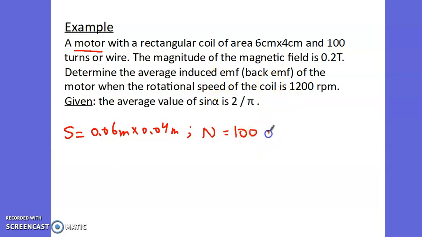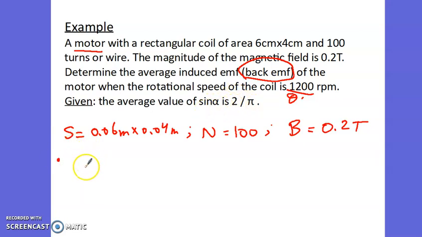The magnitude of the magnetic field is B equal 0.2 Tesla. Determine the average induced EMF. Here in the motor we call it back EMF because it acts against the EMF of the external generator, when the rotational speed theta prime is 1200 revolutions per minute. We are given the average value of sine angle, 2/pi. Okay, let's start.